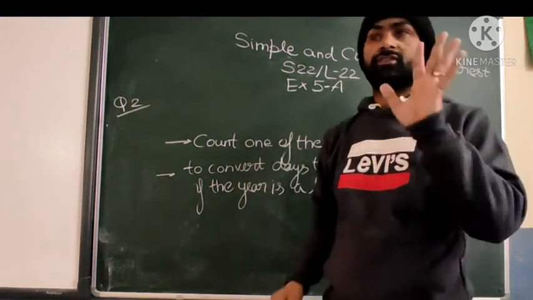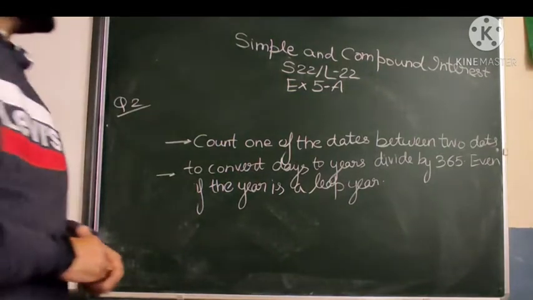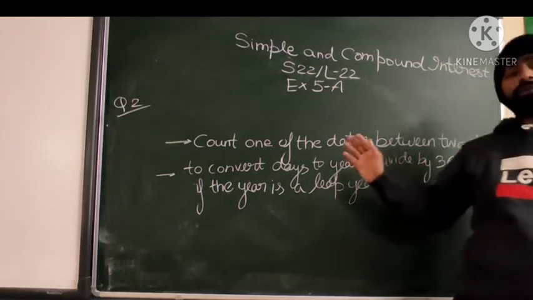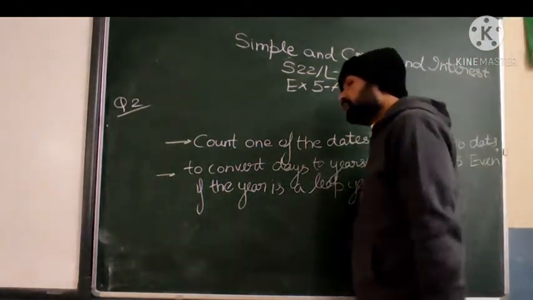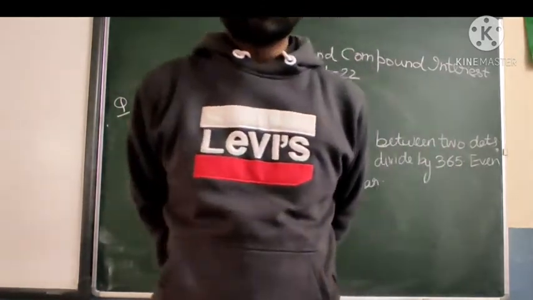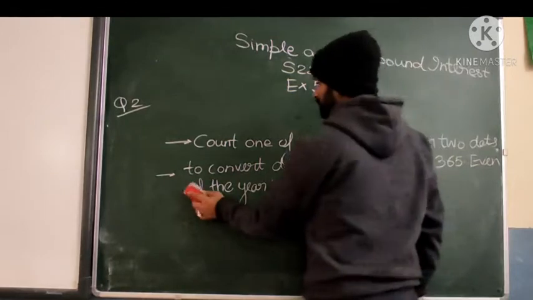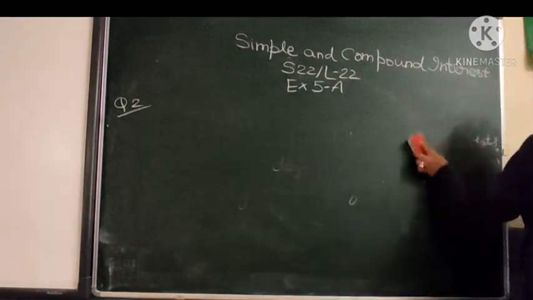So one day you have to exclude. What is the second point? If you have to convert days to years, then to convert that number of days to years, you have to divide by 365, even if that year is a leap year. Keeping these things in mind, let us solve question number 2.